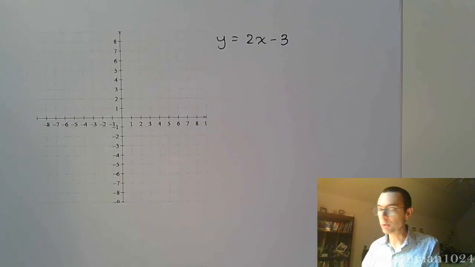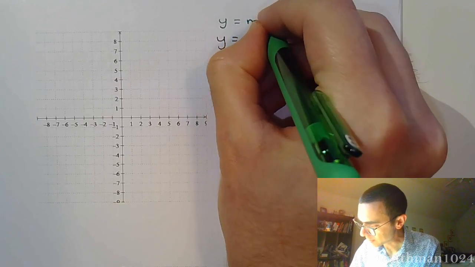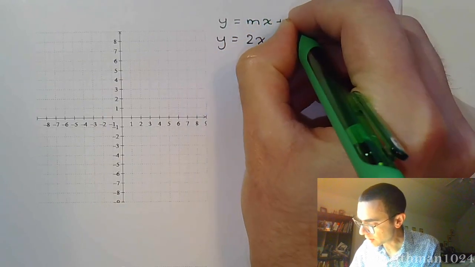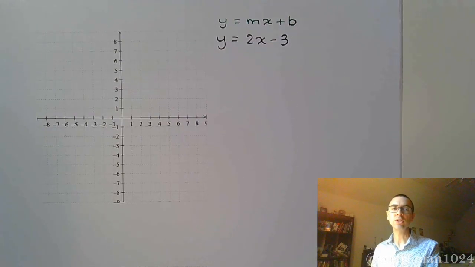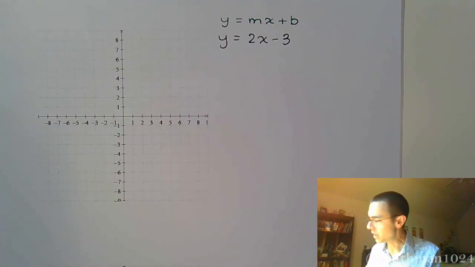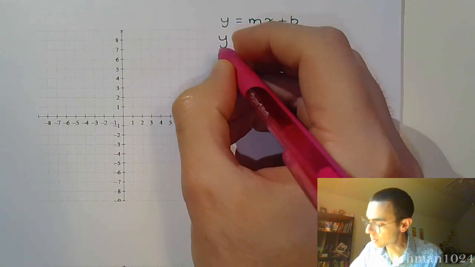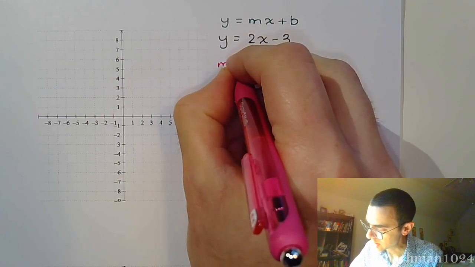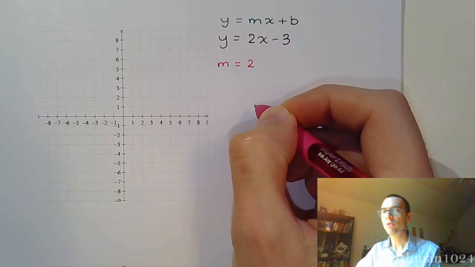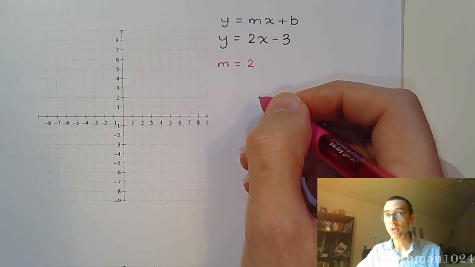Please note that this is in slope-intercept form because it's solved for y. We have the x term written first, followed by the constant. And so you can directly see how things match up to that slope-intercept form. So from here, we see how the m, which represents our slope, is 2. So the slope is equal to 2. Now remember how we were saying the slope is rise over run? We like to look at this as a ratio or as a fraction.